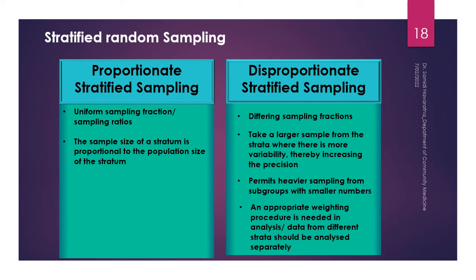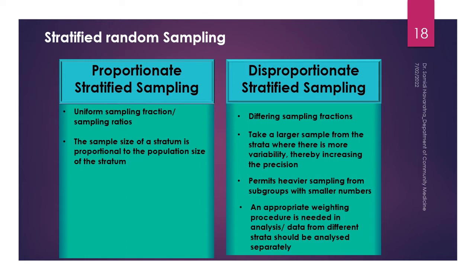Disproportionate stratified sampling is where you have differing sampling fractions and take a larger sample from the strata where there is more variability, thereby increasing the precision. It also permits heavier sampling from subgroups with smaller numbers. Sometimes when there are only 3-4 people in one subgroup, you can take 1 or 2 from those subgroups as well to represent the population.